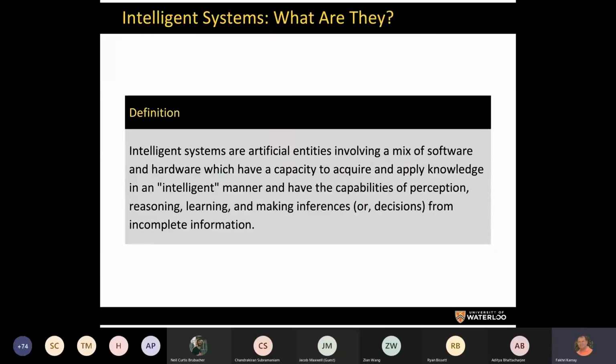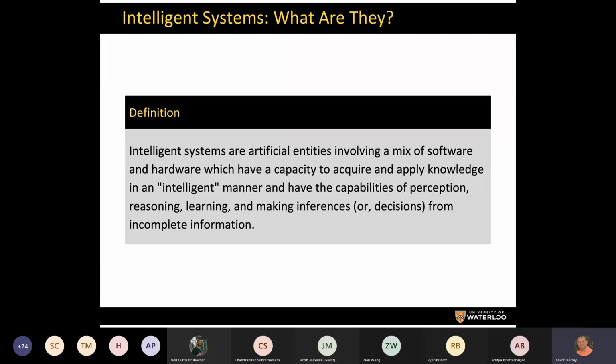So when we speak about intelligent systems in this course, we are speaking about artificial entities that involve a mix of software, hardware systems, and devices.